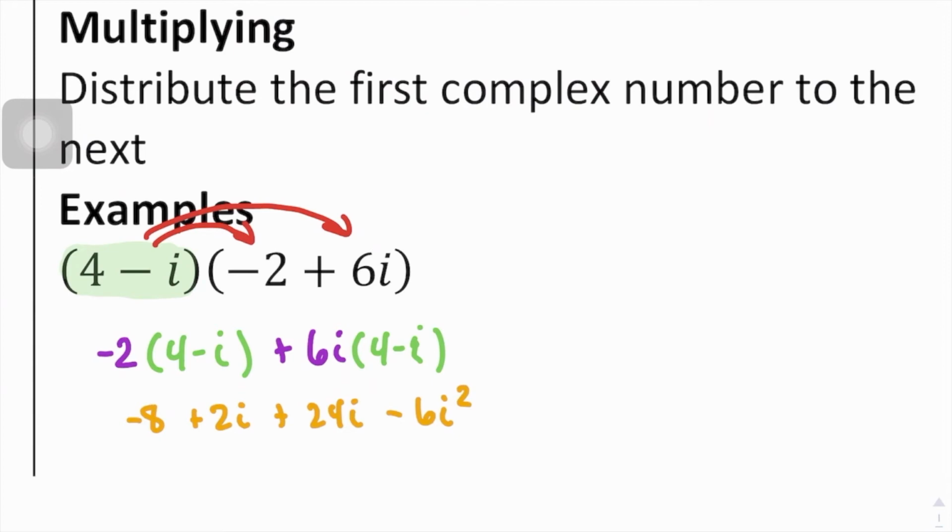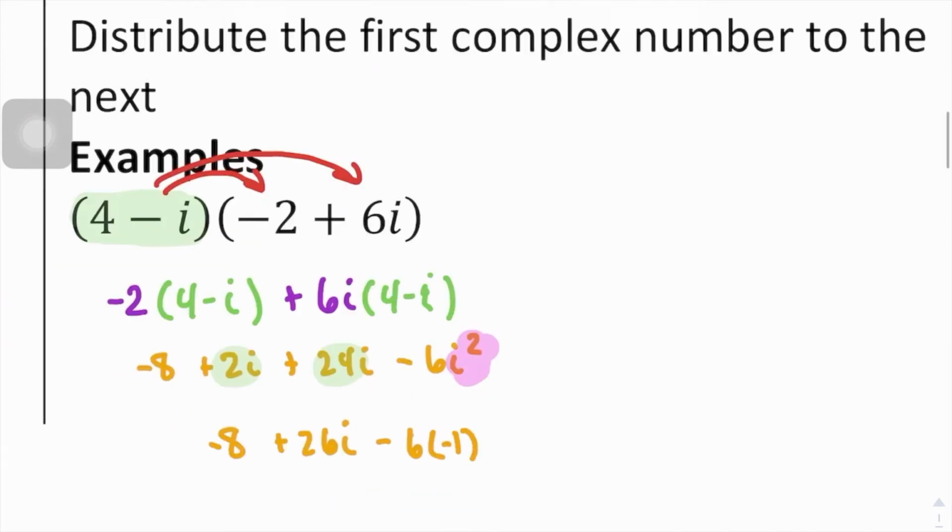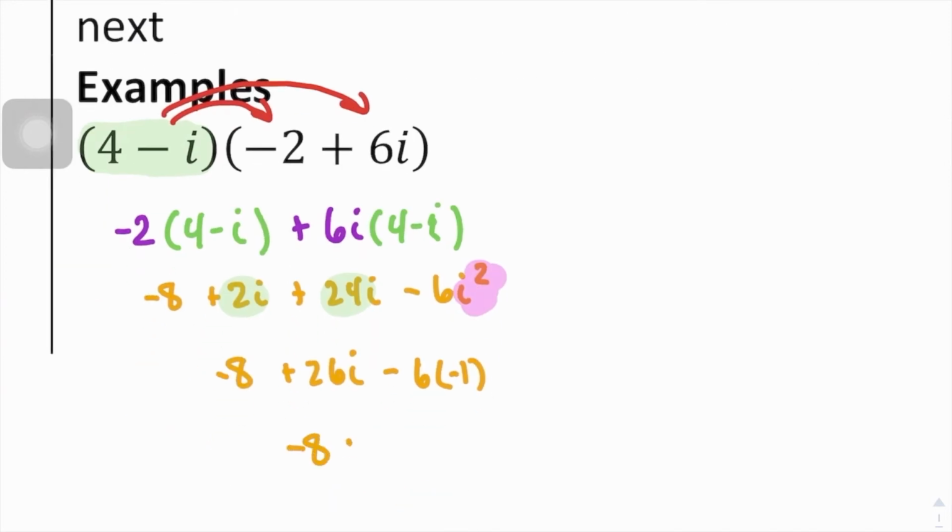So we can see that this term and this term are going to combine. So I've got my negative 8 plus 26i, and then i squared, remember, simplifies to be negative 1. So that's really minus 6 times negative 1. So that's negative 8 plus 26i plus 6.